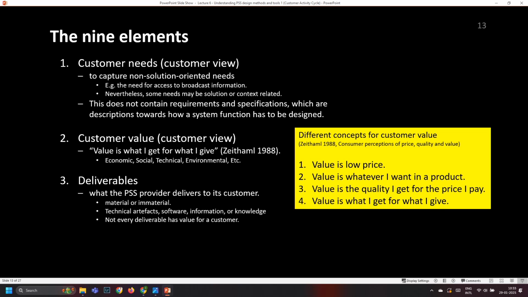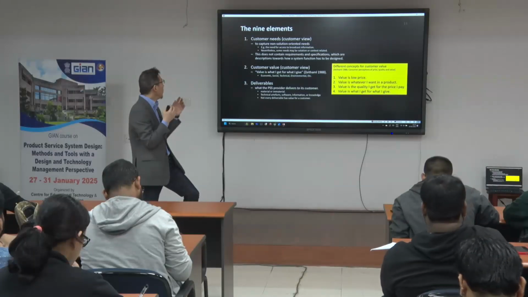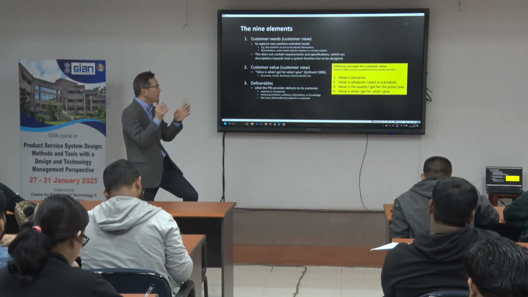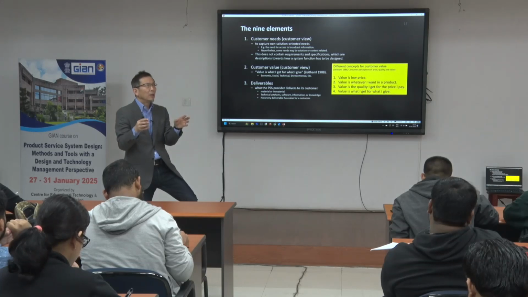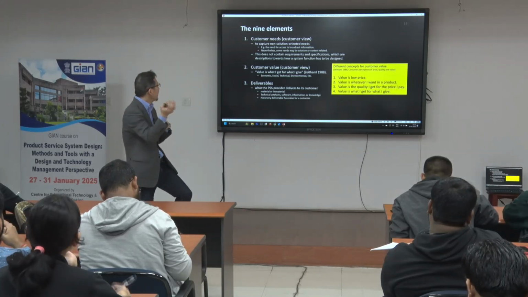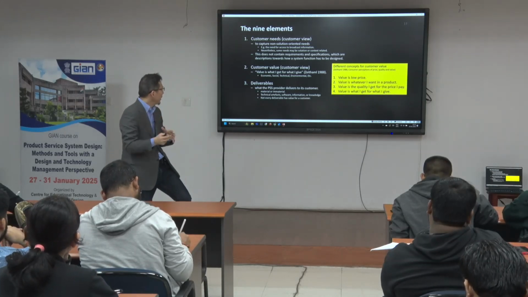And here, you need to make a clear distinction between the second and third because not all the deliverables have a specific value on their own. So it can be different deliverables which provide a specific value only with a combination.